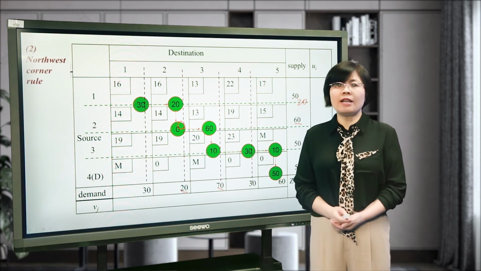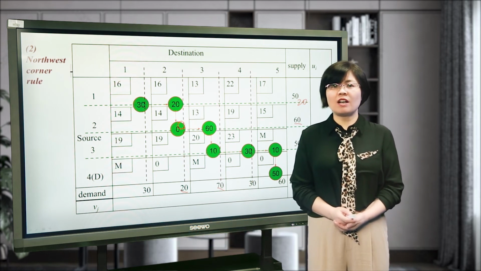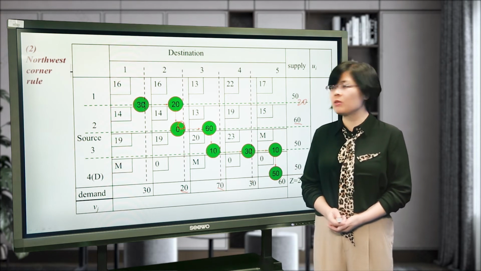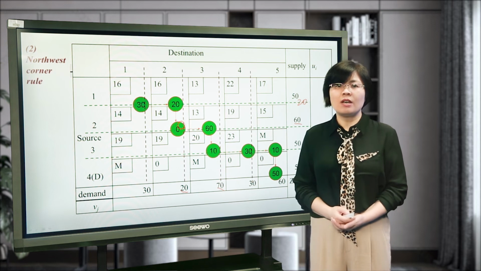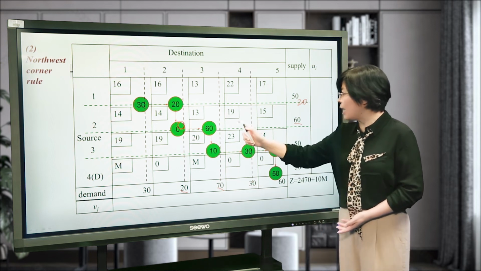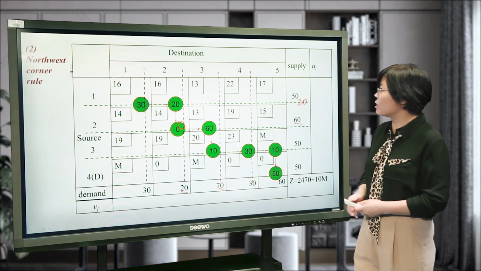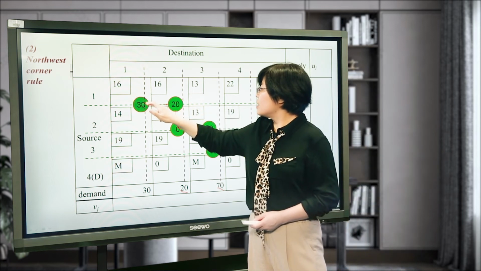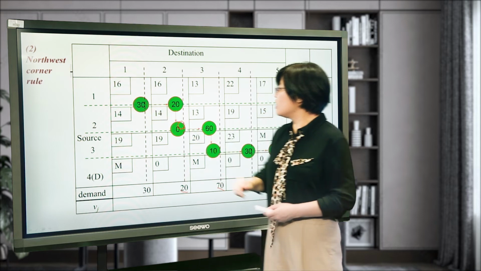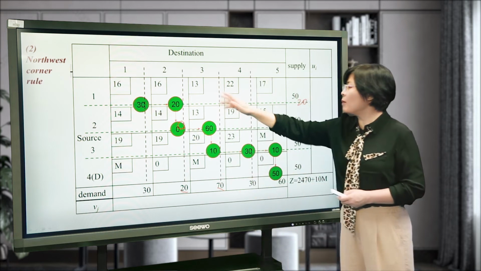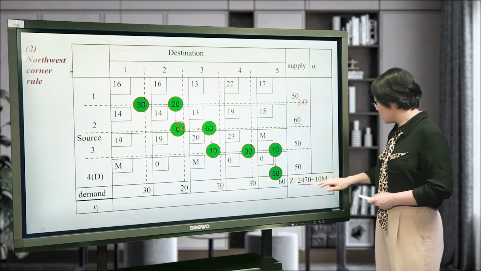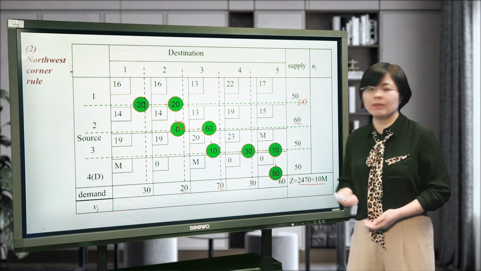The circled numbers are the values of the basic variables, and all the other variables are non-basic with values equal to 0. The value of Z equals the sum of cost times the amount of allocation, and summing all these, we get Z equals this one.